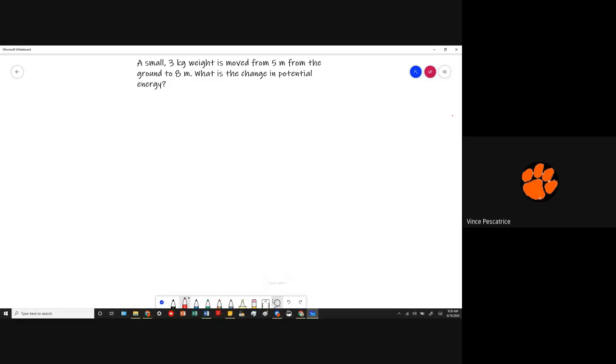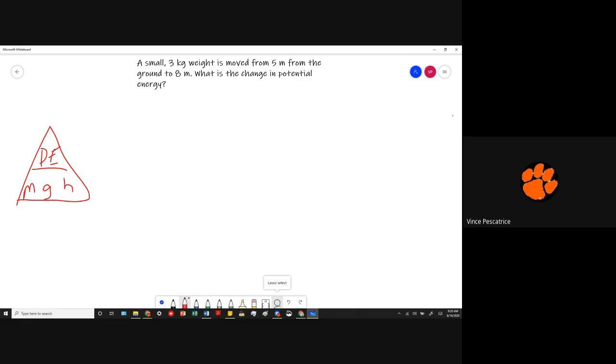All right. So I'm going to draw my triangle over here real quick. Just have PE up top. Again, excuse my handwriting, I'm doing this freehand. Mass, gravity, and height along the bottom. It says a small weight is moved from 5 meters to 8 meters off the ground.